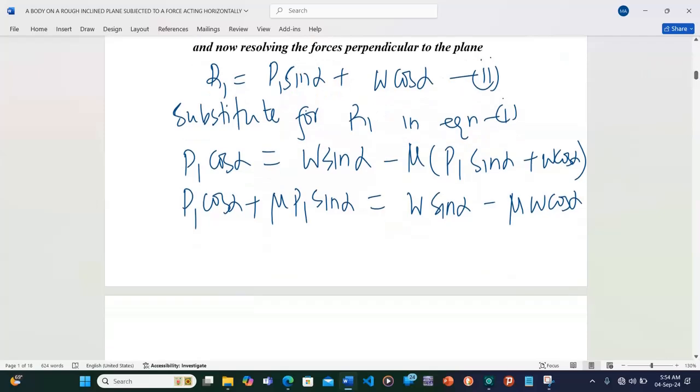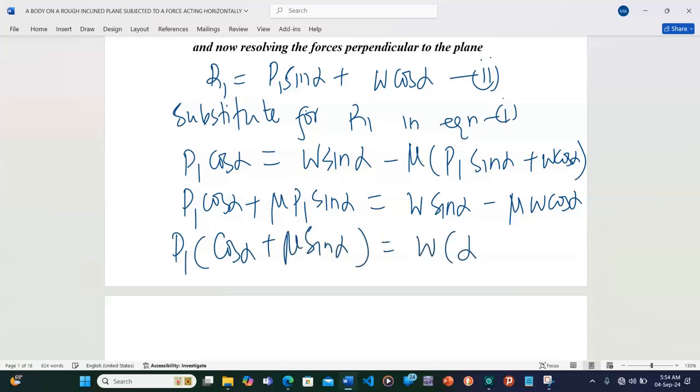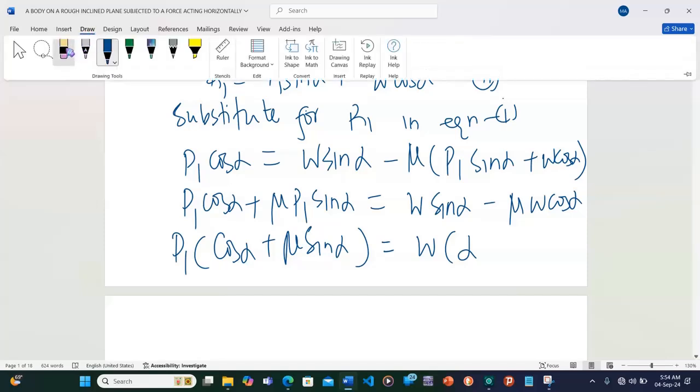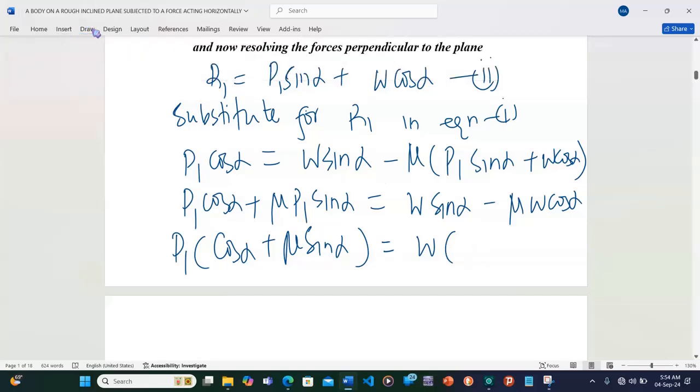So I collect like terms together. I will have P1 into cos alpha plus nu sine alpha is equal to W into sine alpha minus nu cos alpha.